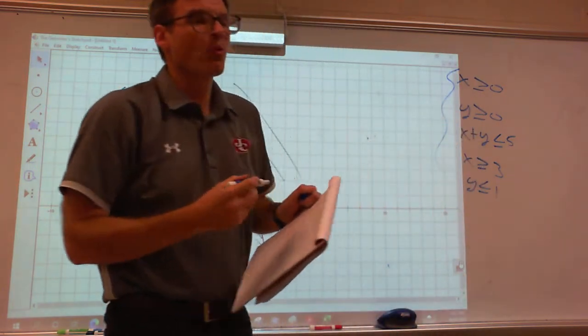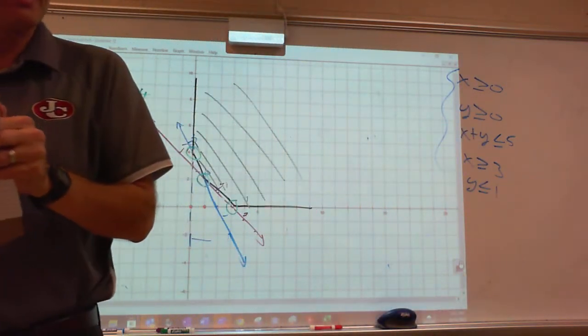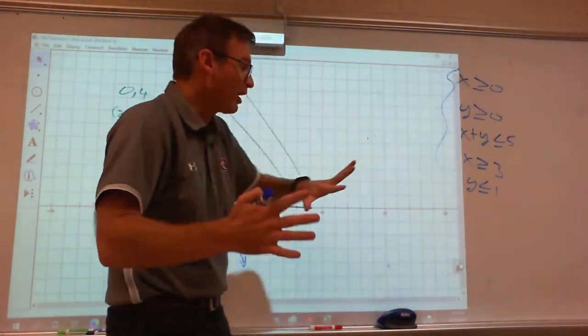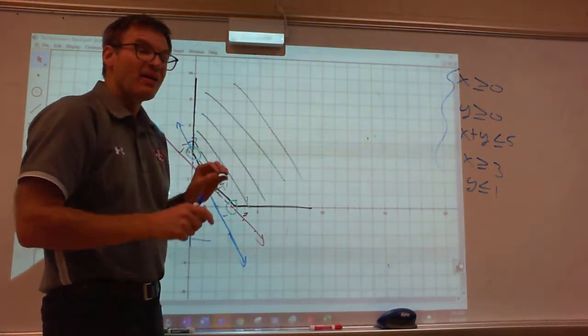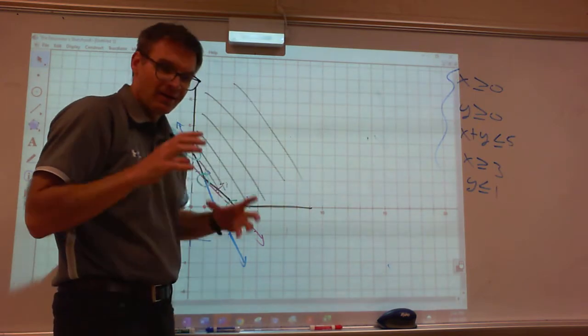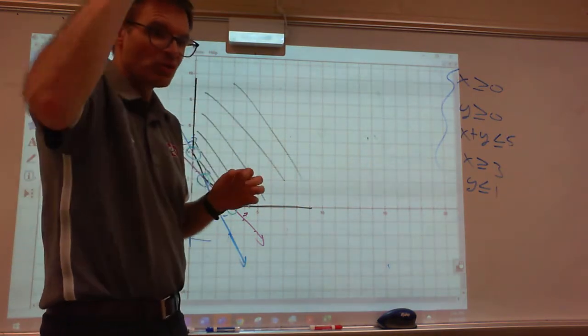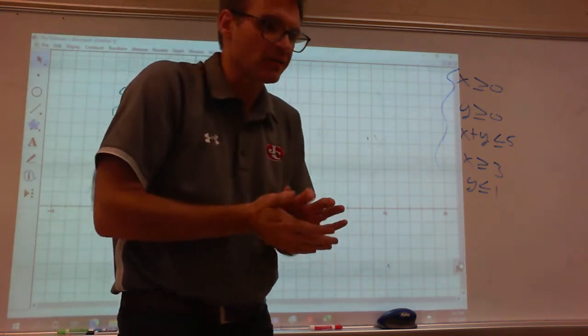I want everyone to graph that system. And after you graph this system, put everything all on one grid, and once you shade your region, then do the little hand raise so I can know when to start.